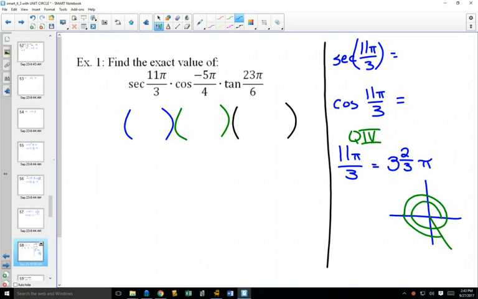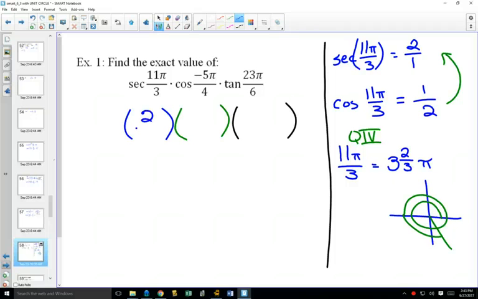And from your unit circle, what's cos of pi over 3? Again, you might want to take your papers out for right now so you can reference it. 1 over 2. So if cos of 11 pi over 3 is 1 over 2, secant of 11 pi over 3 will be 2 over 1.